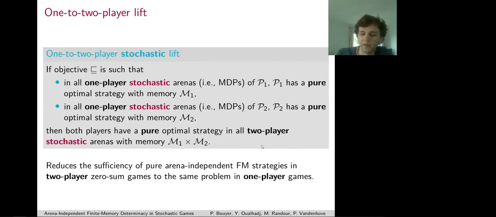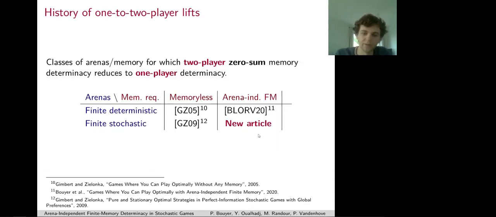And one-player games are easier to study since you don't have to consider all the possible behaviors of the other player to prove things. It's just basically a graph with stochastic transitions in which you want to prove some memory result. So it's not at all the first time that such a 1 to 2 player lift has been stated. This has been done already in other more restricted contexts.